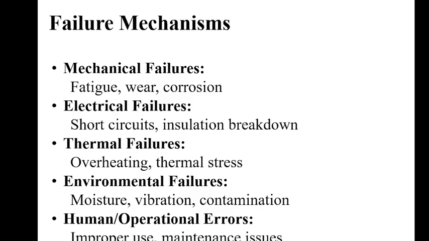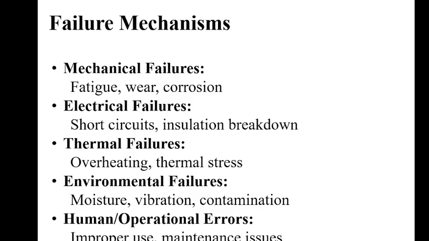Electrical failures may include short circuit or insulation breakdown, often caused by voltage stress or aging components. Thermal failures result from excessive heat or poor heat dissipation, which can damage sensitive components.